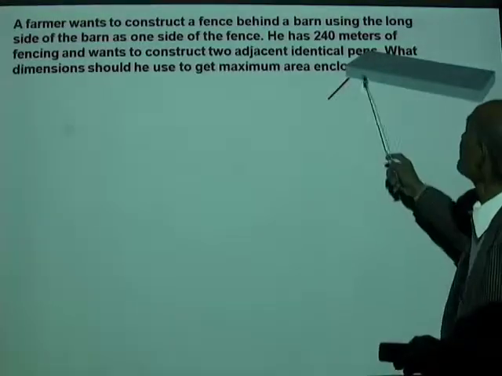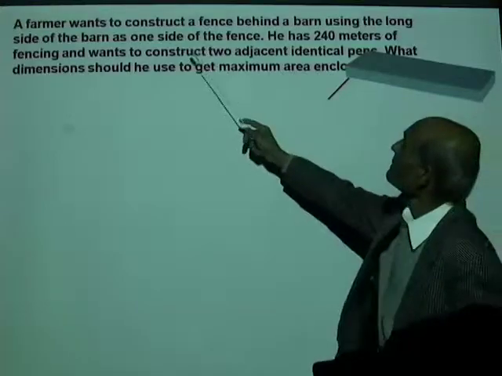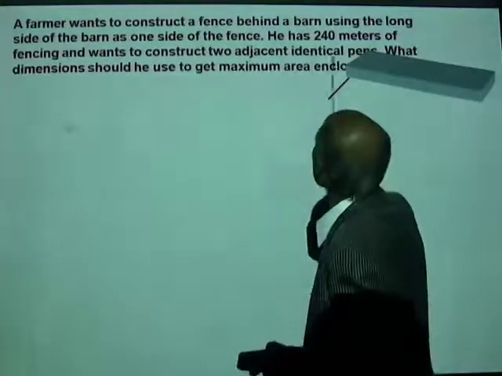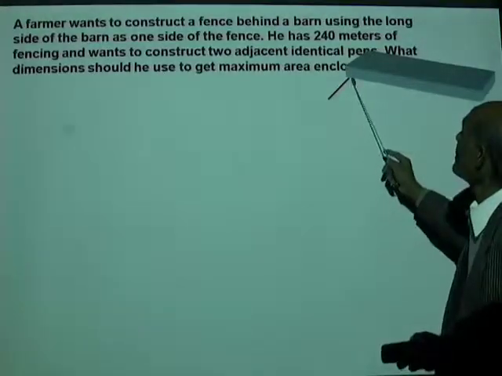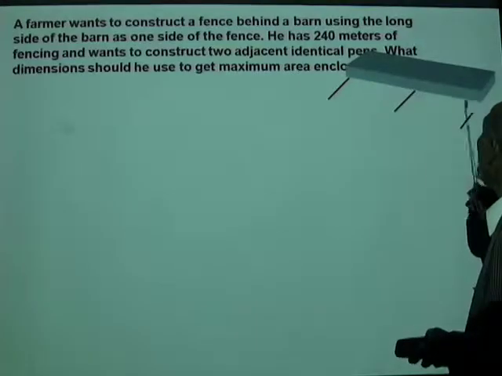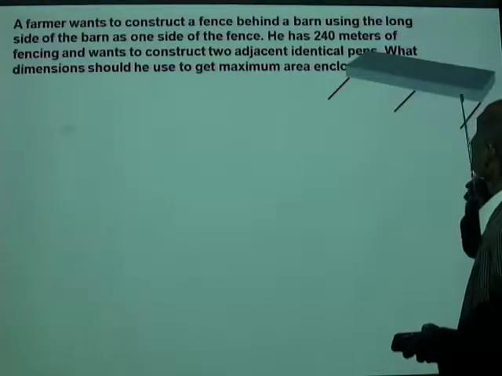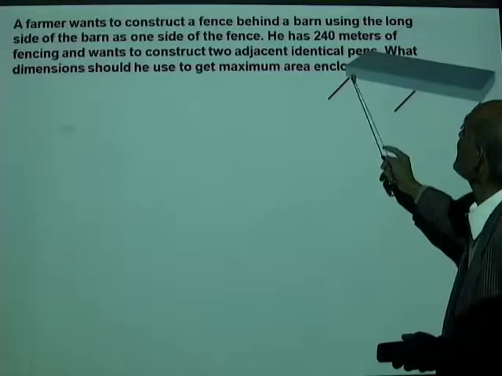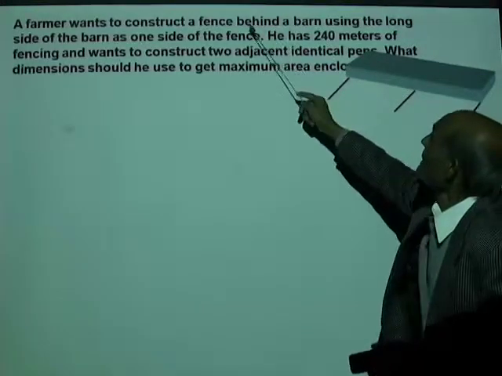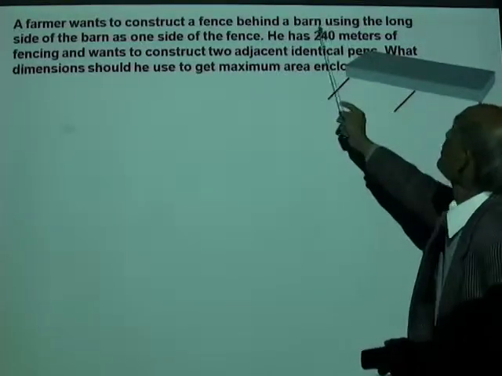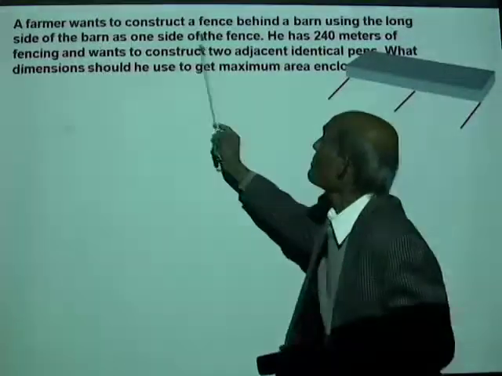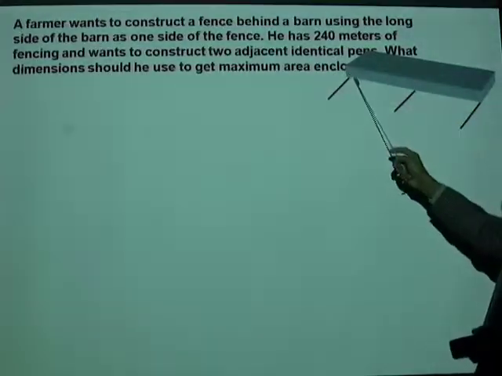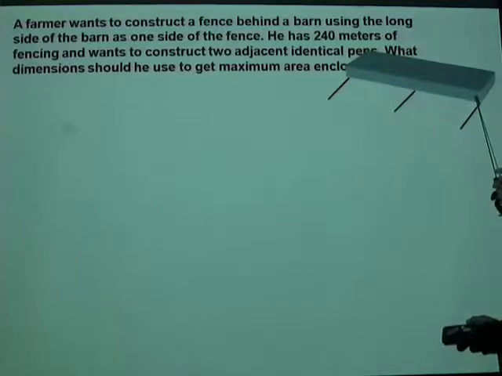Now, here is the side of the barn, and he wants to make a fence here using one side of the barn. Is that right? He wants a fence behind the barn using the long side of the barn as one of the sides.